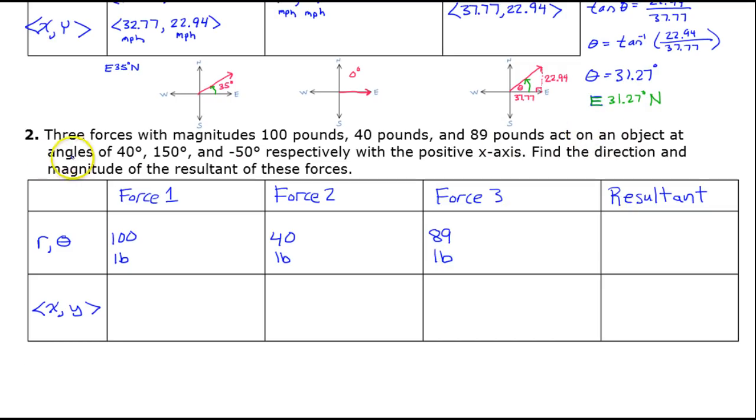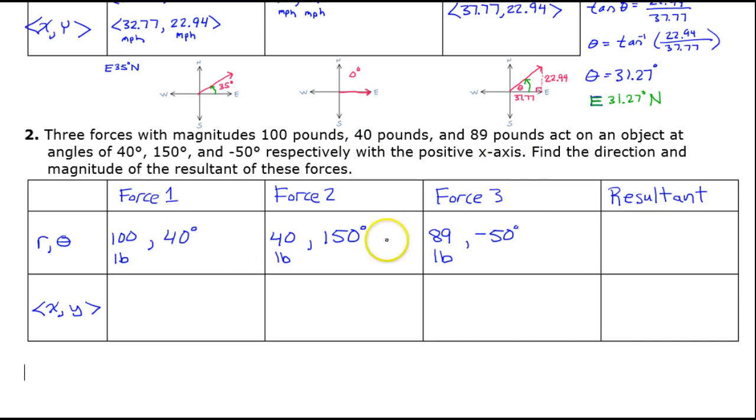The directions are angles 40 degrees, 150 degrees, and negative 50 degrees, respectively, with the positive x-axis.